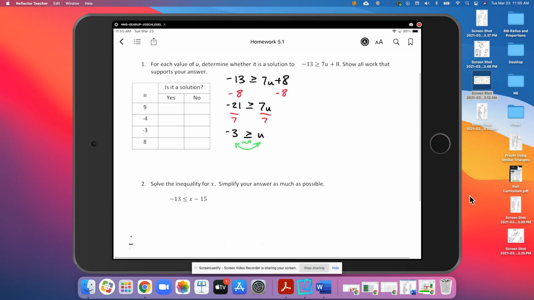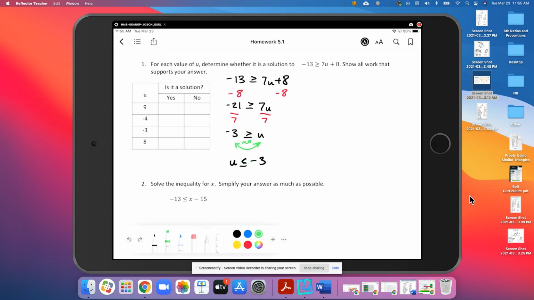I'm going to rewrite this as u is less than or equal to negative 3. That's just my personal preference, to have my variable on the left anytime I'm working with inequalities. Please notice that my inequality symbol flipped around when I spun the entire equation around.